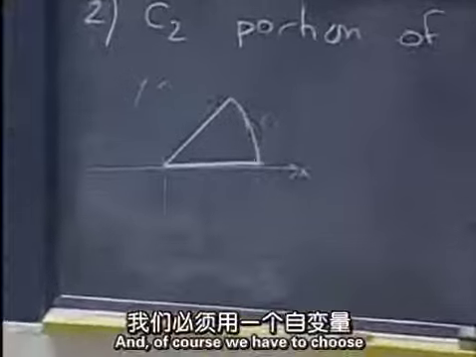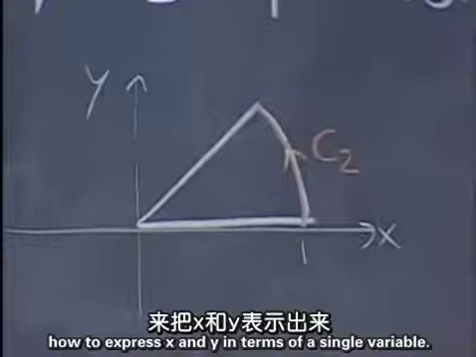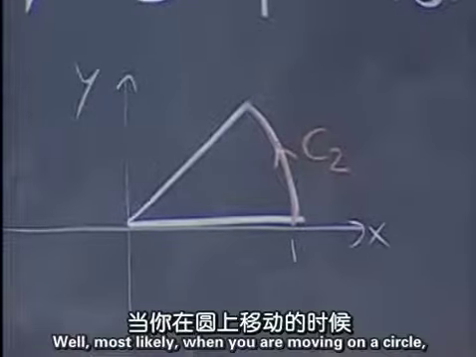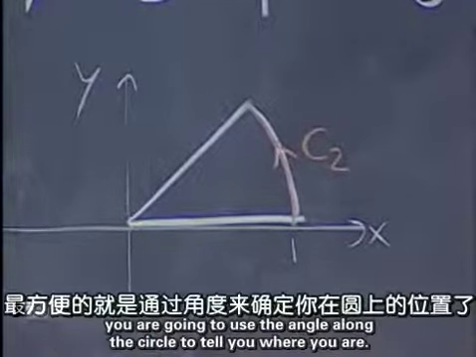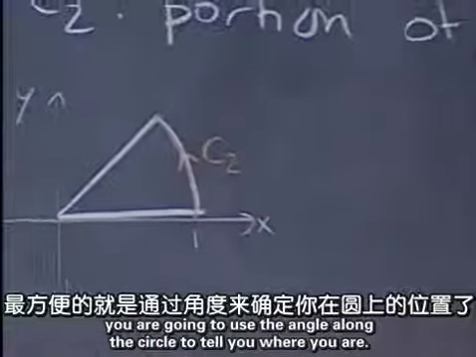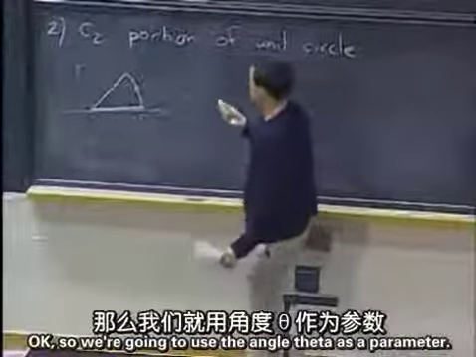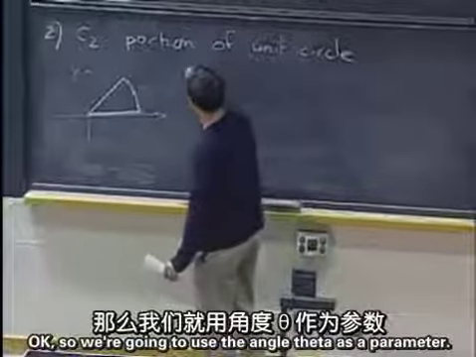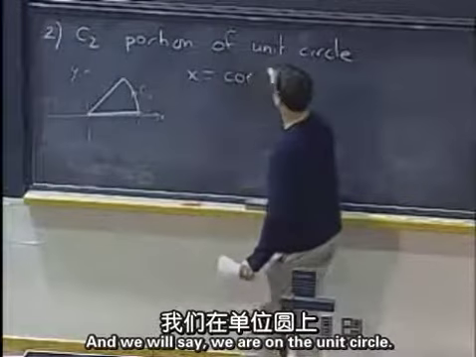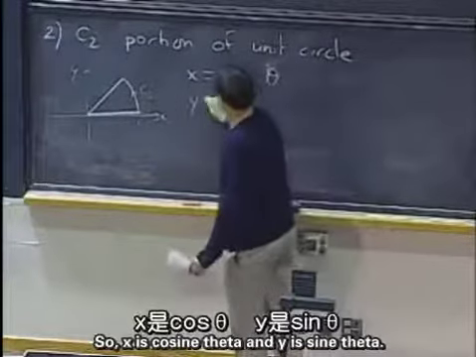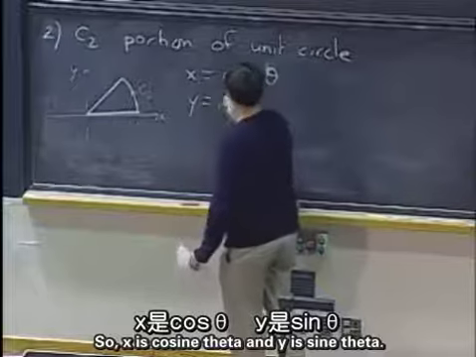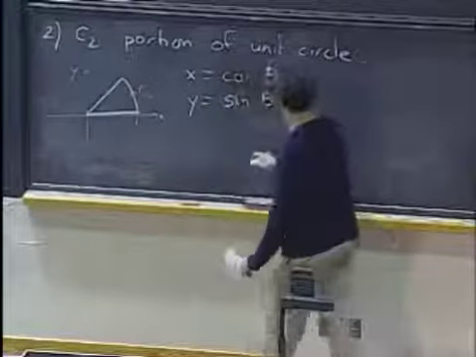And of course, we have to choose how to express x and y in terms of a single variable. Well, most likely when you're moving on a circle, you're going to use the angle along the circle to tell you where you are. Okay, so we're going to use the angle theta as parameter, and we'll say, well, we're on the unit circle, so x is cosine theta, and y is sine theta.